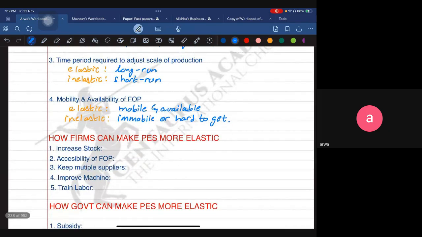Now, how can firms make price elasticity of supply more elastic? My first question to you is, why do you need to do that? I think they'll be able to supply depending on how much the customers demand. In some situations they want to increase supply to gain more profit, but they can't if it has inelastic supply.